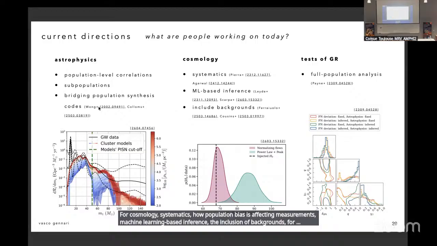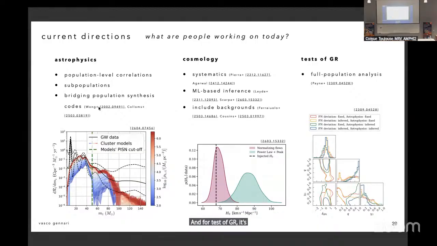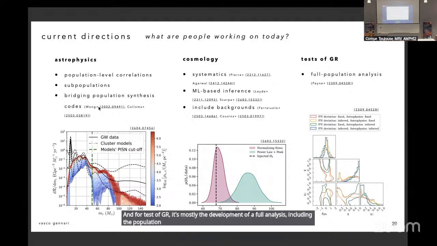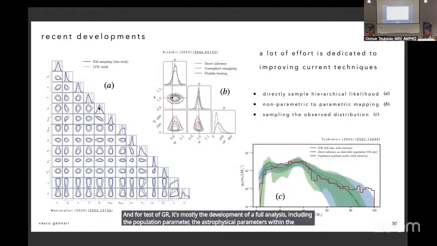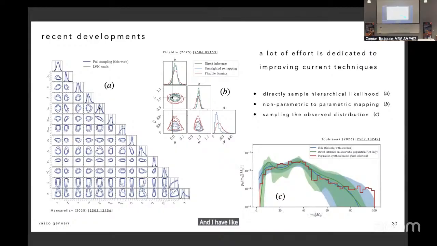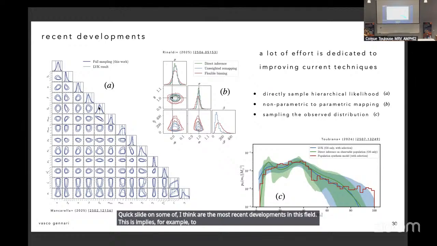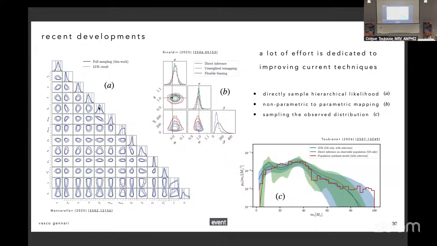And for tests of GR, it's mostly the development of a full analysis, including the population parameters and the astrophysical parameters within the population. And I have a quick slide on some of what I think are the most recent developments in this field. This implies, for example, directly sampling the full hierarchical likelihood, including the event parameters, some non-parametric to parametric mapping, and sampling directly the observed distribution instead of the astrophysical ones.